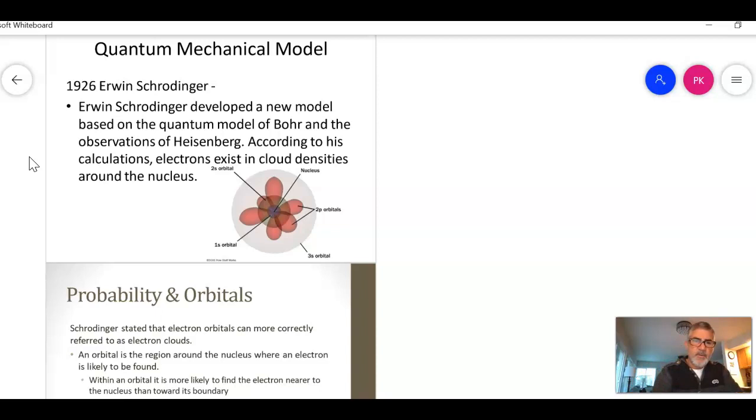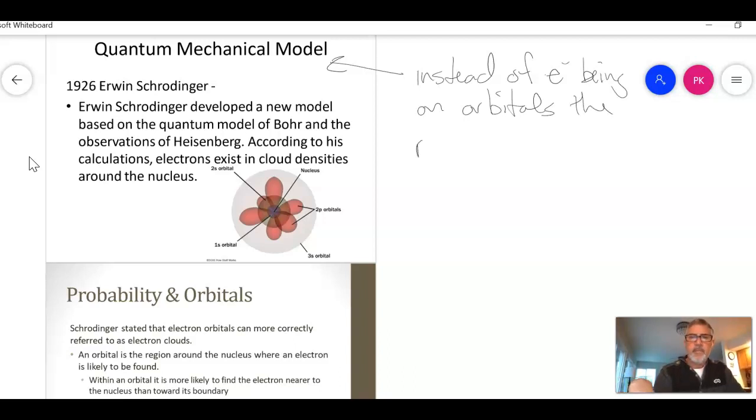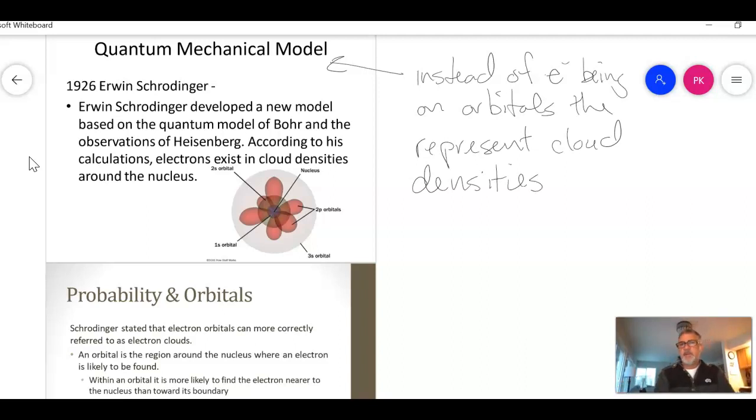So now, we're going to say that electrons, so the way this changes, instead of electrons being on orbitals, they represent what are called cloud densities.